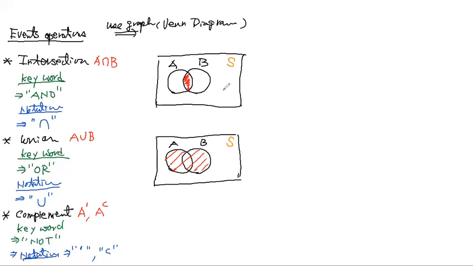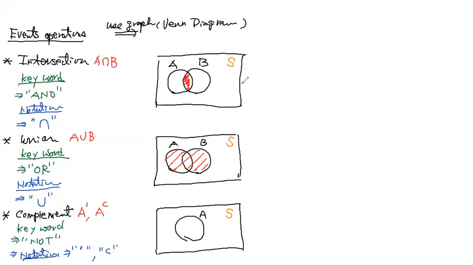And then the next thing here is complement. Let's take a look at what the complement means. We say it's "not," right? Okay, so still, this is your sample space, and this is your event, which I call event A. So what is A prime?